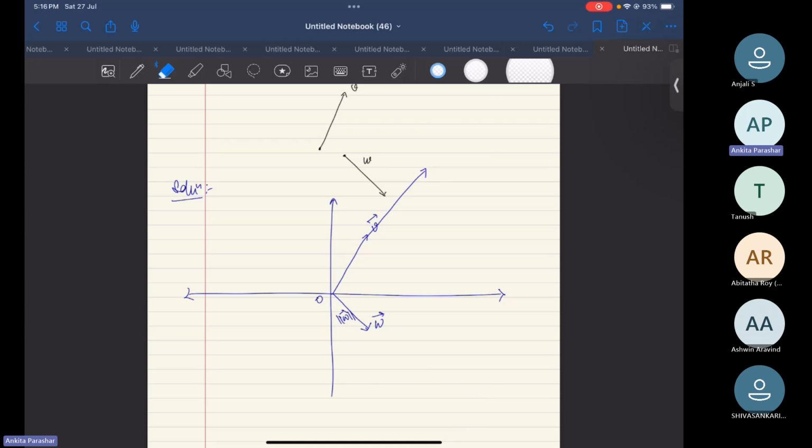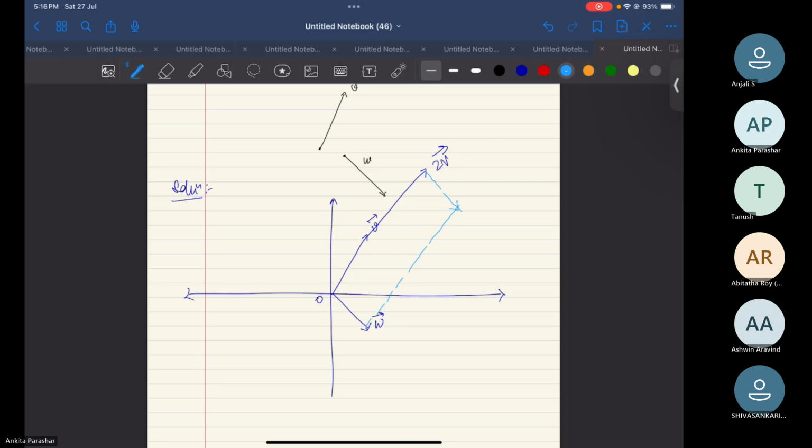Okay, so I'll just remove what was 4 times W because this is what we saw. This is what our vector 2V is. Now, what is the parallelogram? If you see, by using the direction of W you will get another vector, and using the direction of V you will get another vector which is parallel to V and W, and therefore you will get a parallelogram.